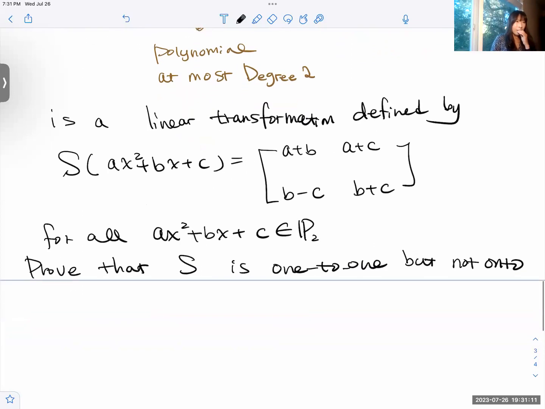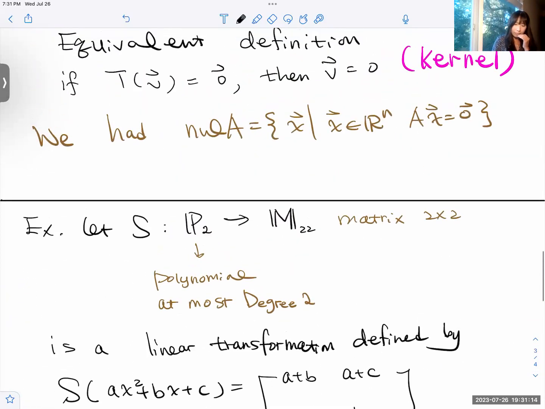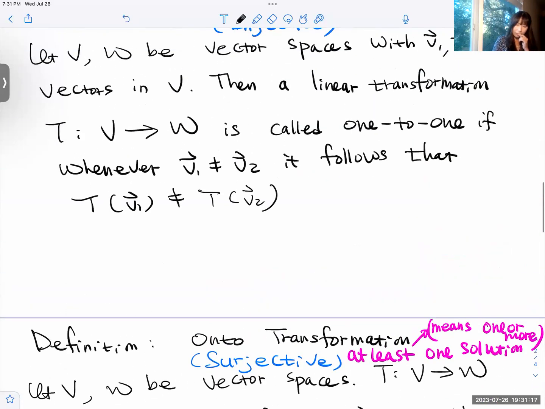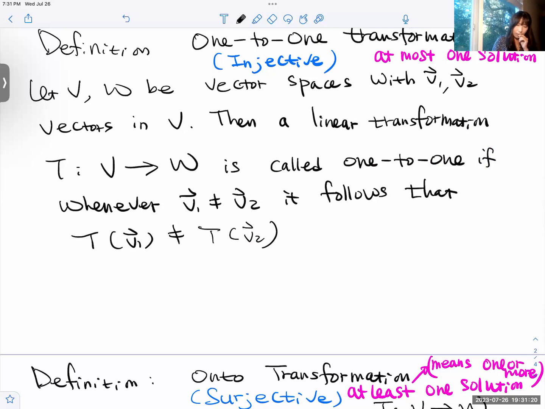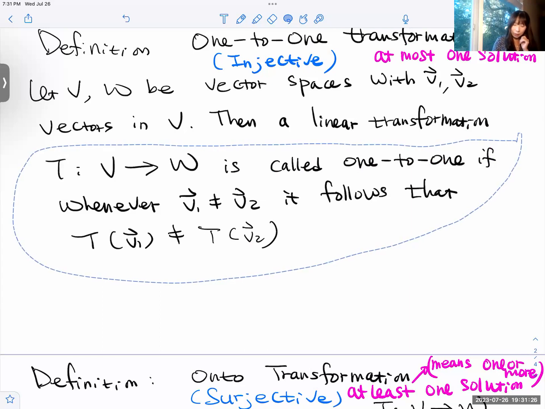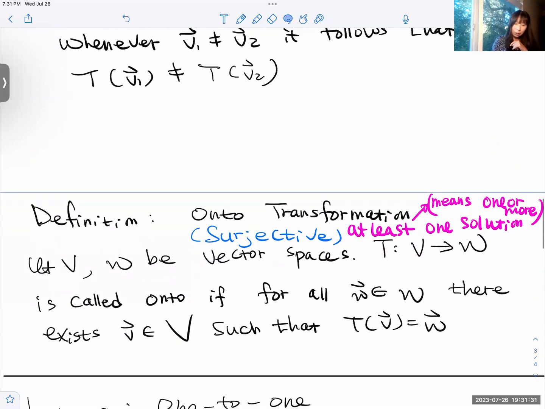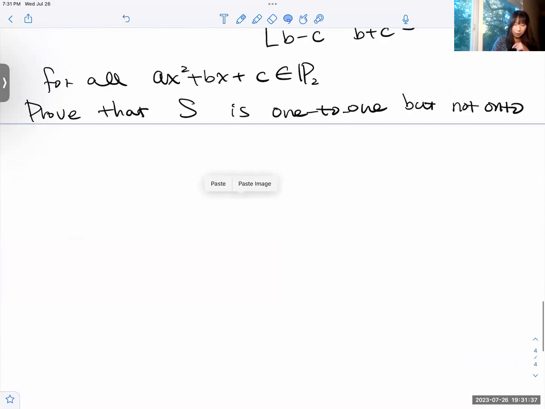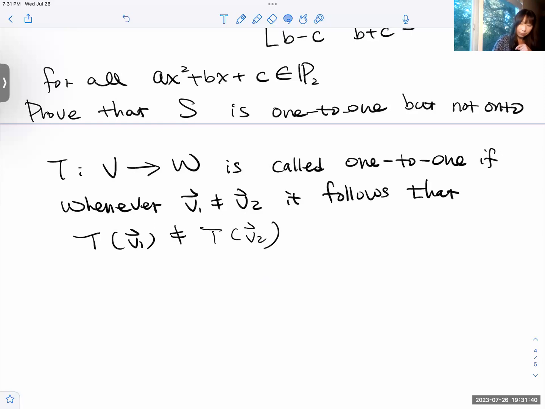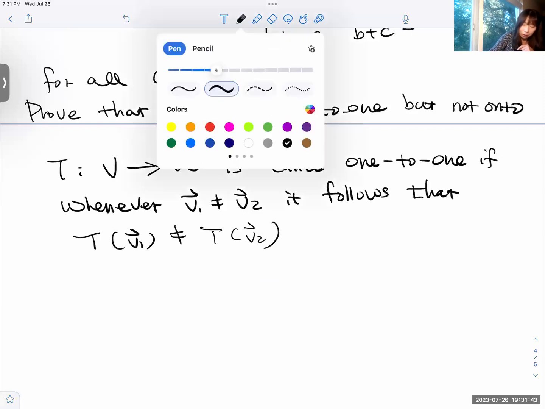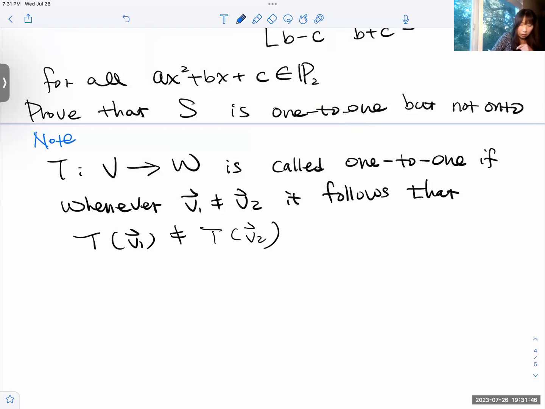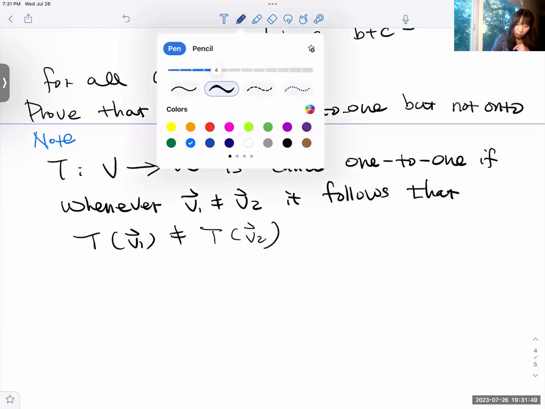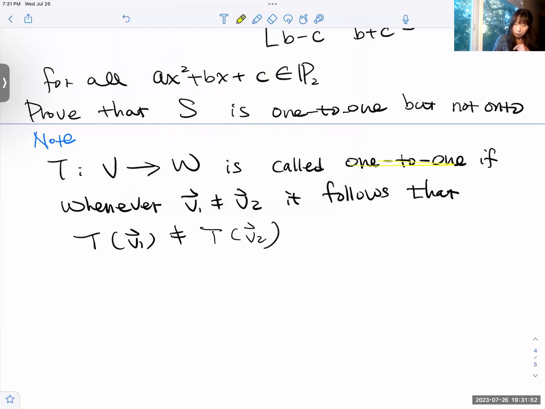Definition: a linear transformation is called 1-to-1 if whenever v1 is not equal to v2 in the domain, it follows that T of v1 is not equal to T of v2, right? So note that is 1-to-1.